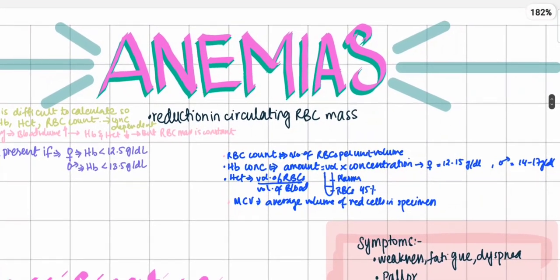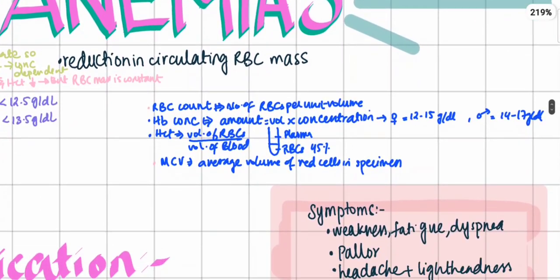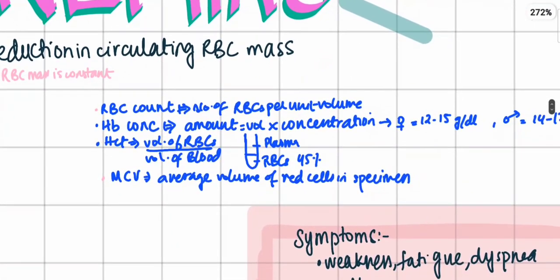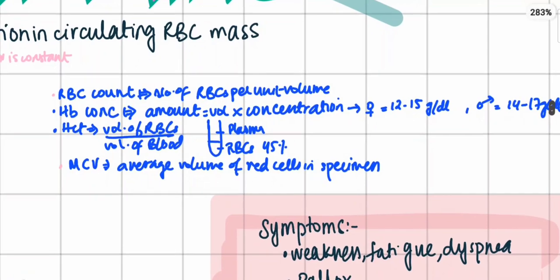And these include the RBC count. I have written it here just to go over it quickly so that you know what we're talking about. The RBC count is the number of RBCs per unit volume of the blood. Then we have the hemoglobin concentration.